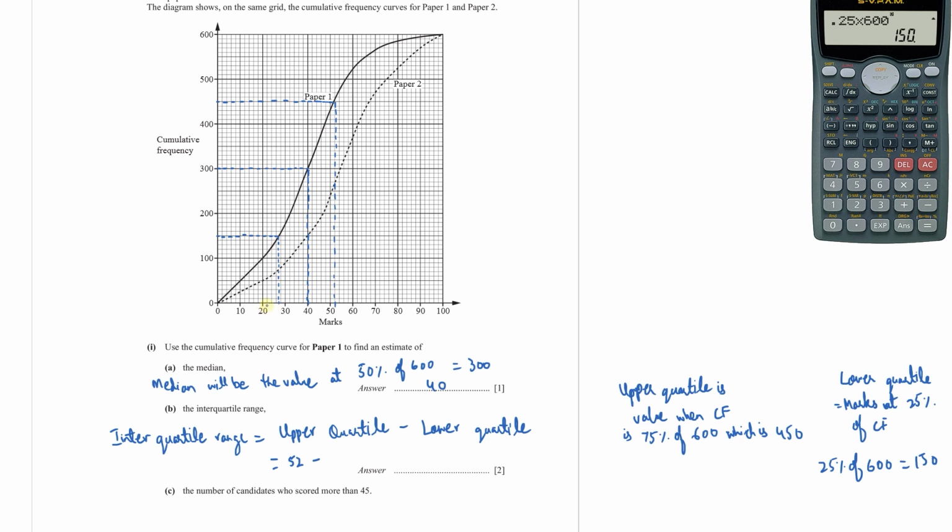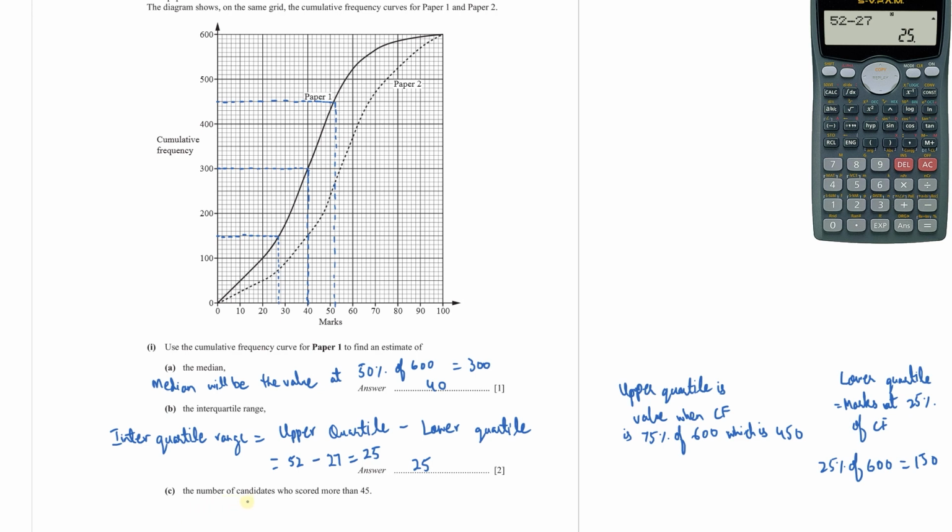So this is 20, 22, 24, 26, and 27. So this is 27. So 52 minus 27 is 25. So your interquartile range is 25.